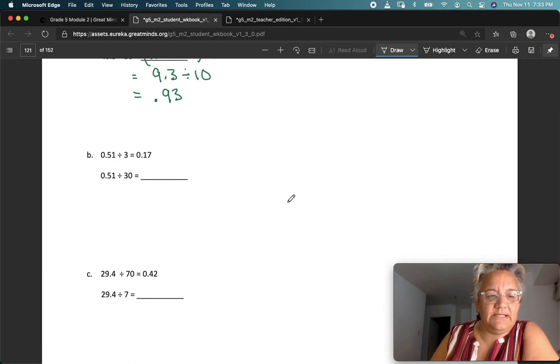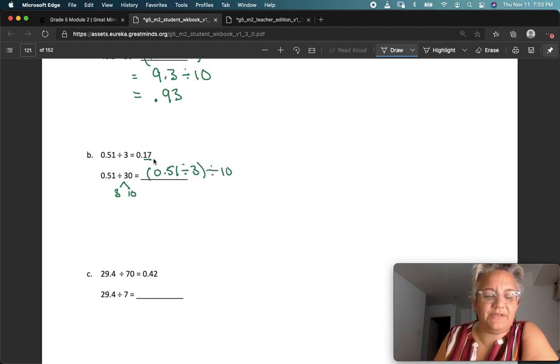Okay. Next one. 51 hundredths divided by 3 equals 17 hundredths. Okay. So below that, here's that 30. I'm going to make that a 3 and a 10. So, wonderful.